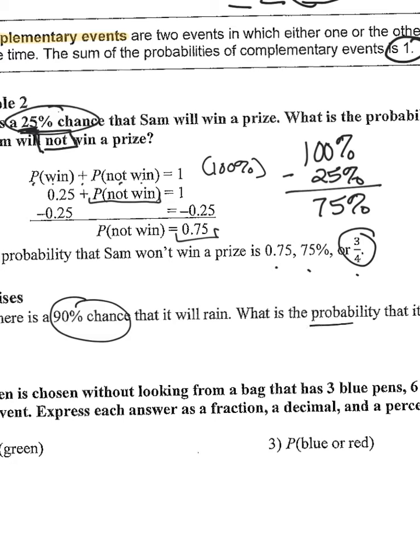What is the probability that it will not rain? Out of 100% chance, or just 1, we take that 90 away and we're left with 10%. So there's a 10% chance it will not rain, or 0.1.